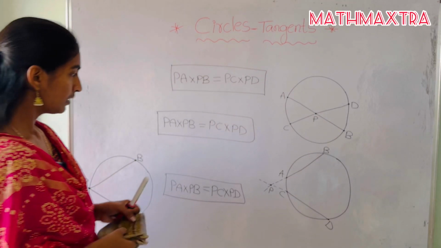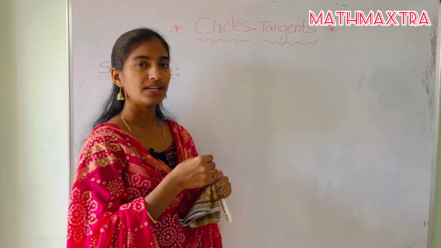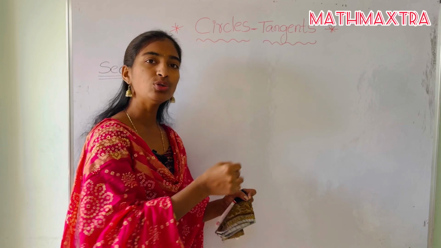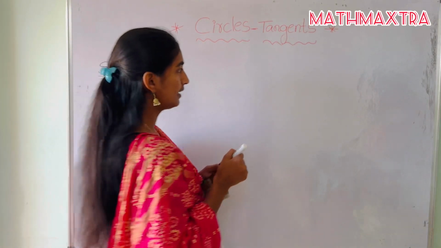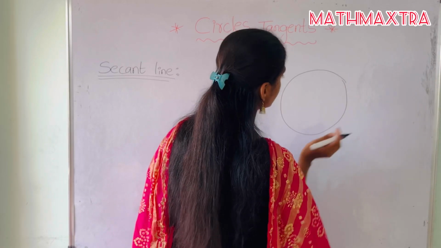Now we'll see what a secant line is. A secant line is a straight line joining any two points on a circle. See, this is a circle.